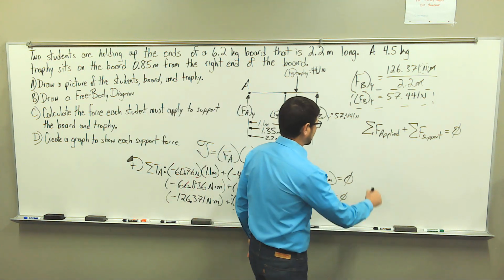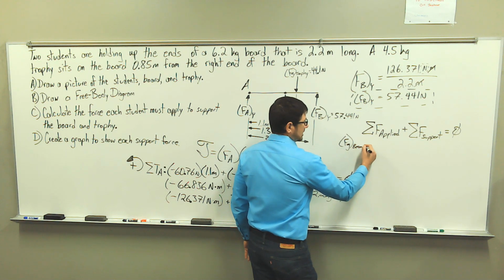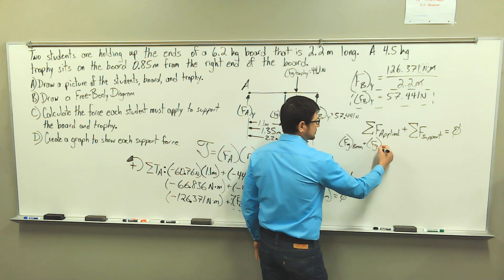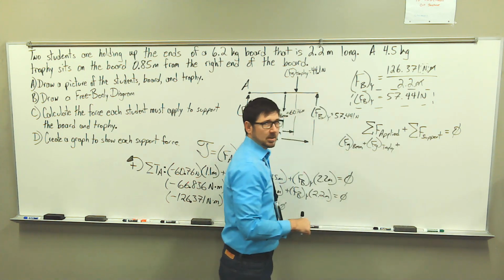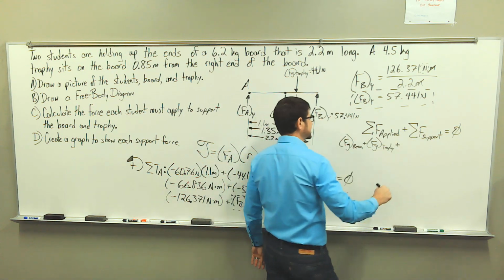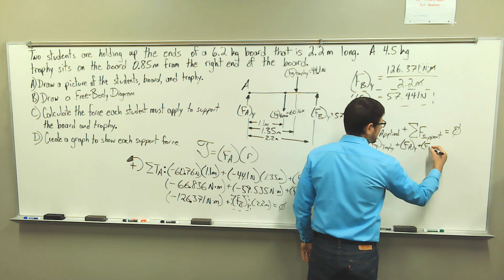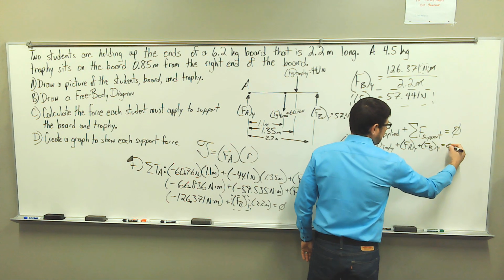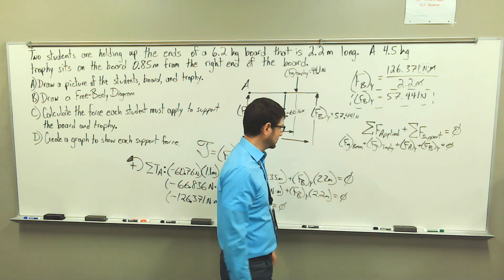Now, our applied forces are going to be the weight force of the beam plus the weight force of the trophy plus the sum of our support forces. Well, we have two support forces, so F sub A sub Y plus F sub B sub Y. And once again, we're setting this equal to 0 because we're in a state of equilibrium.